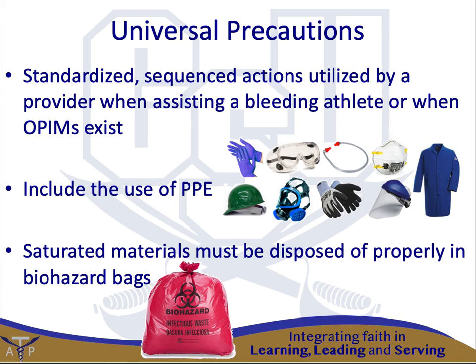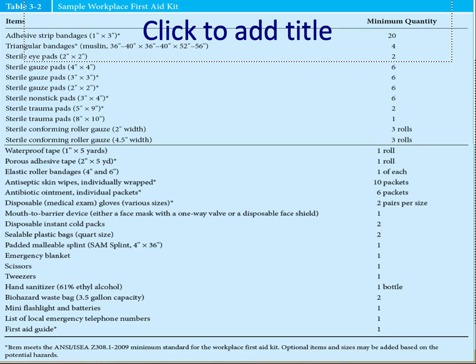First aid equipment and personal protective equipment in this kit should include disposable gloves, face masks, gowns, protective eyewear, roller gauze and pads, breathing barriers, and hand sanitizer. We can see a whole list of items in this sample workplace first aid kit.